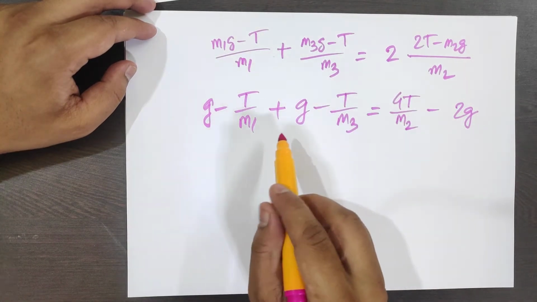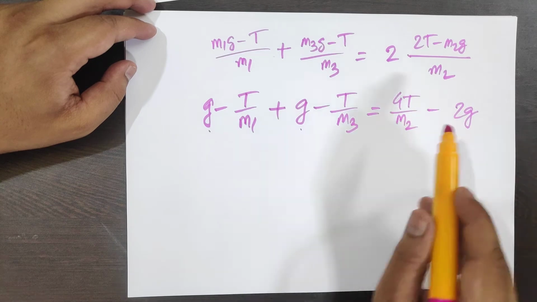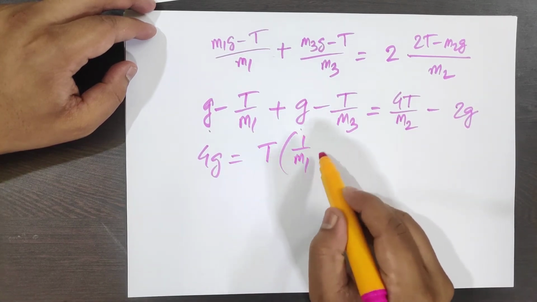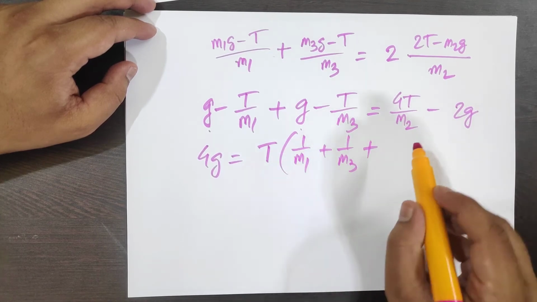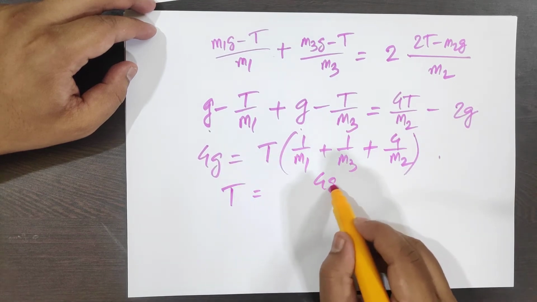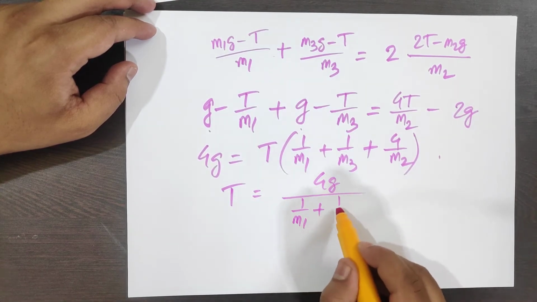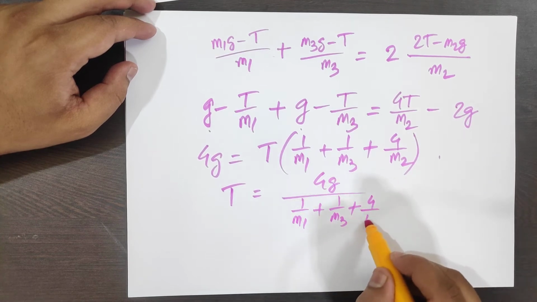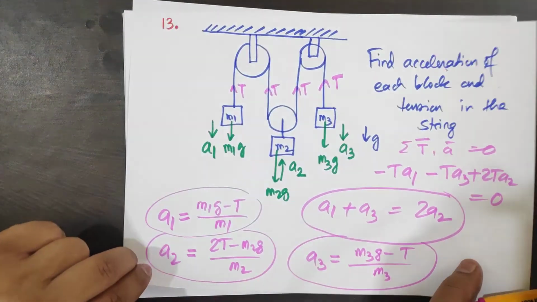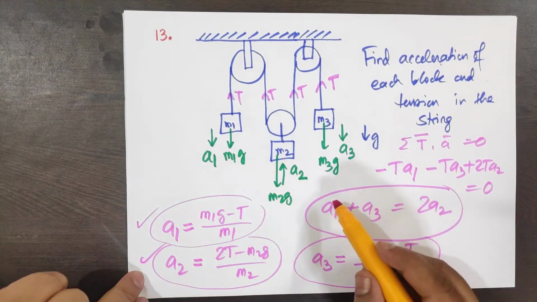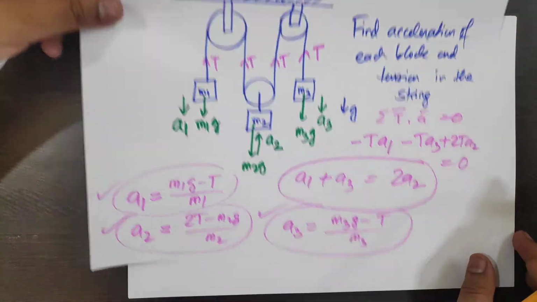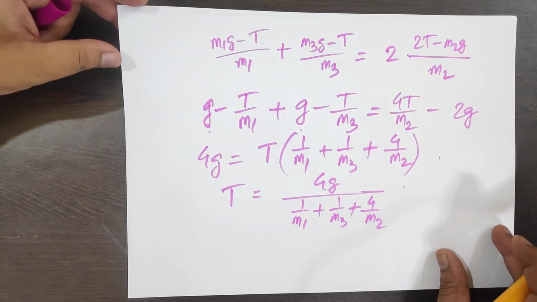So there you get g plus g plus 2g, 4g, equal to T multiplied by 1 by m1 plus 1 by m3 plus 4 by m2. So T is 4g divided by (1 by m1 plus 1 by m3 plus 4 by m2). As you find out T, you can substitute T in these expressions for a1, a2 and a3 and find out the accelerations. Okay, right.